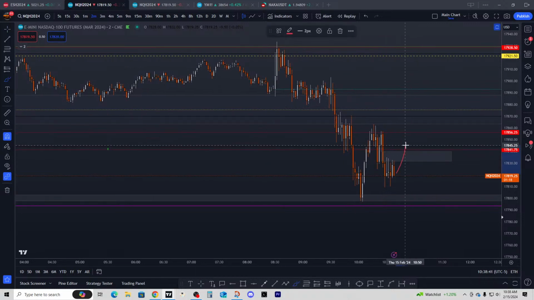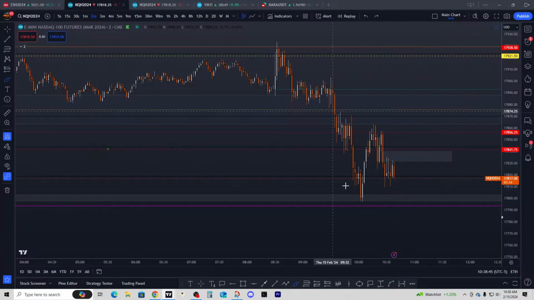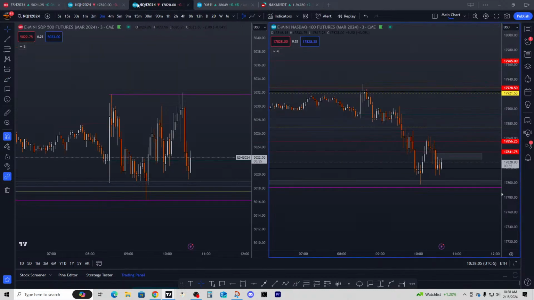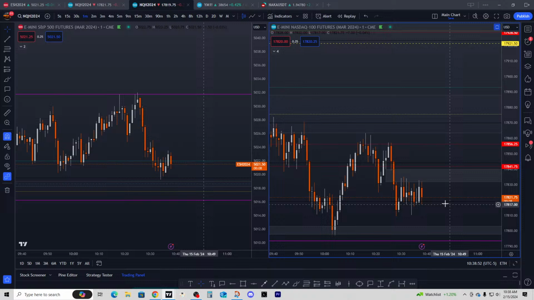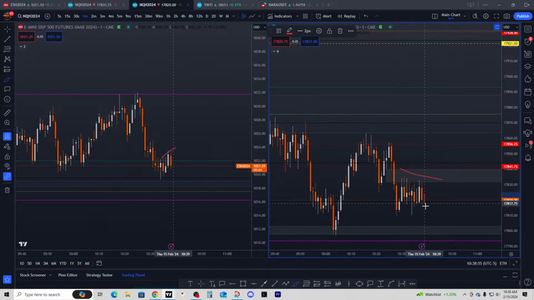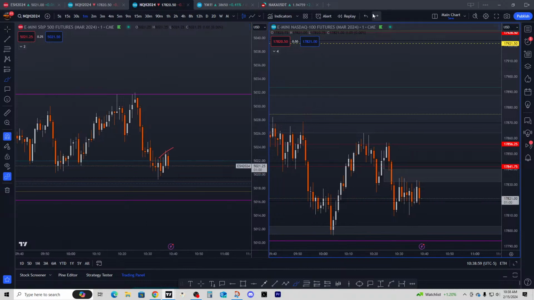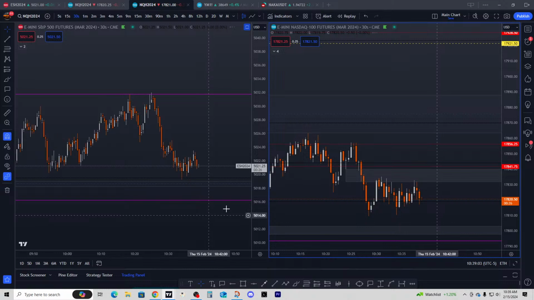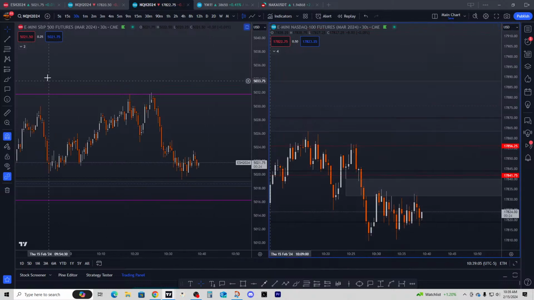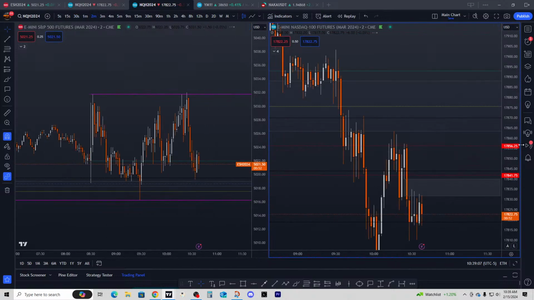Even if we got something huge and energetic above this, I wouldn't really want to. It depends how everything lines up, the other ones too. But it's just looking like we're making a higher high, lower high, like we might just trade down. But it's not that high probability to me. I'd rather just watch it. If it does happen, cool.